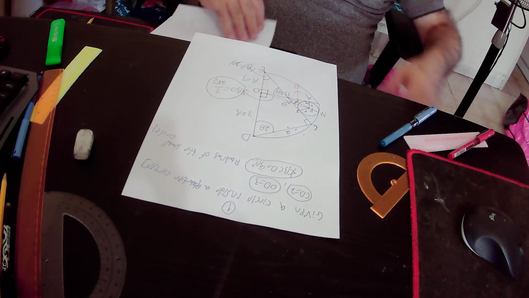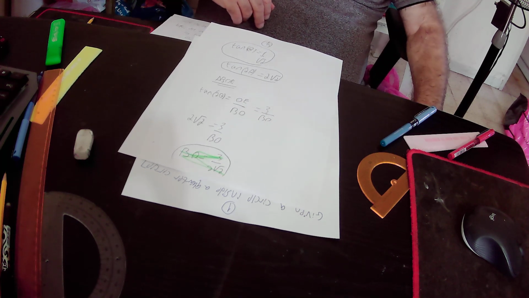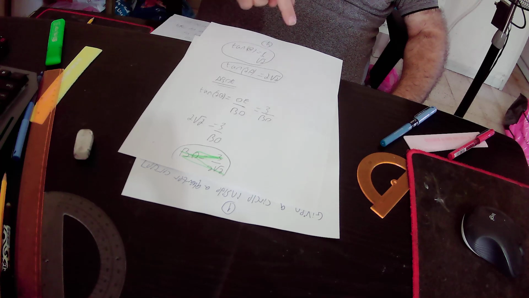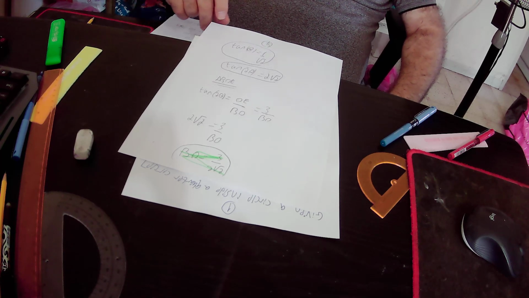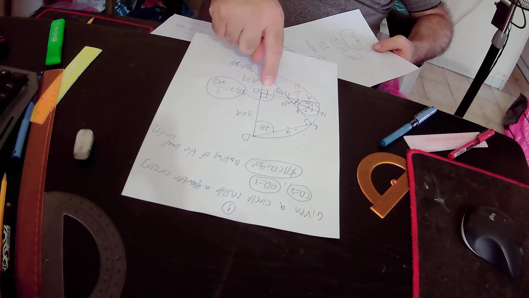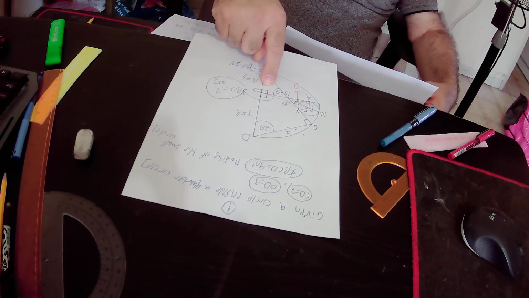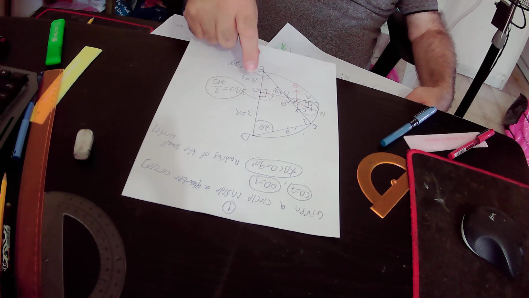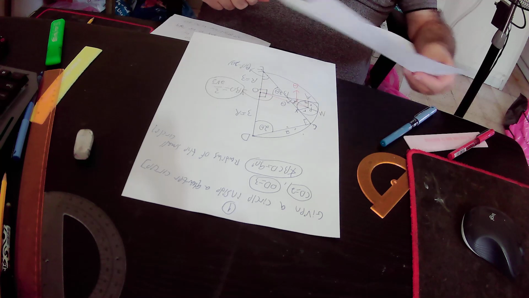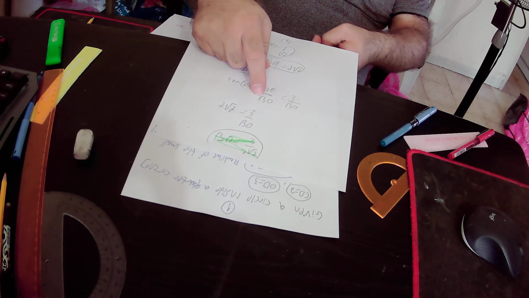So we know that tangent theta equals 1 over root 2, and we have already found that tangent 2 theta equals 2 times root 2. So in the right triangle, triangle BOE, tangent 2 theta equals OE over OB.